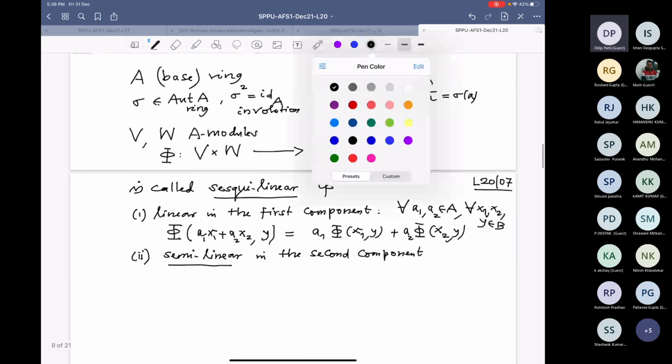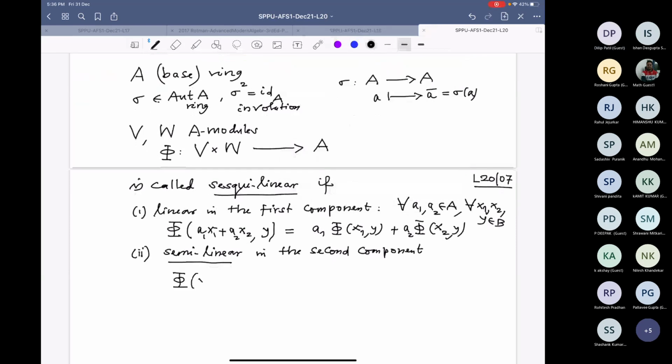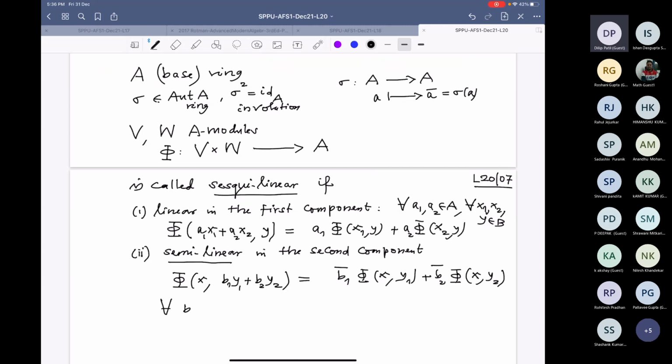The second, semilinear, means phi of x, where the first variable is fixed, and then b1 y1 plus b2 y2, is the same thing as b1 bar phi x y1 plus b2 bar phi x y2, and this is also true for all scalars b1, b2 and for all x, y1, y2 elements in the algebra B. Such a thing is called semilinear.